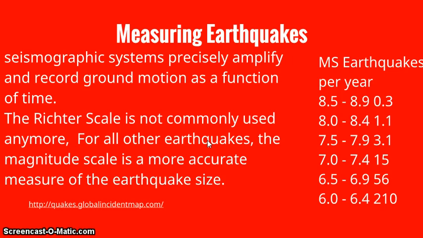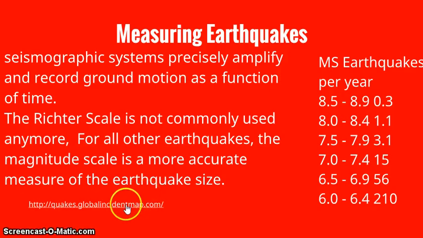And I have a little chart over here that talks about the different magnitude earthquakes and how frequently we expect to see them. So if we're looking at 8.5 to 8.9 earthquakes, we expect to see them once every 3 years. If we look at 8.0 to 8.4 earthquakes, we expect to see them about once a year. 7.5 to 7.9 earthquakes, about 3 a year. You can see the statistics there.